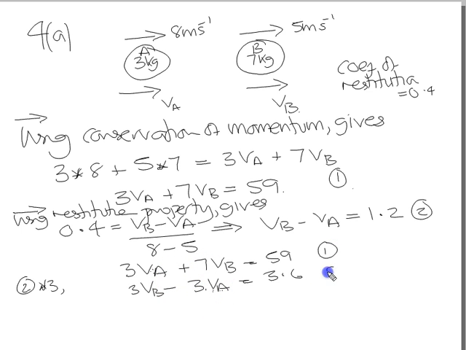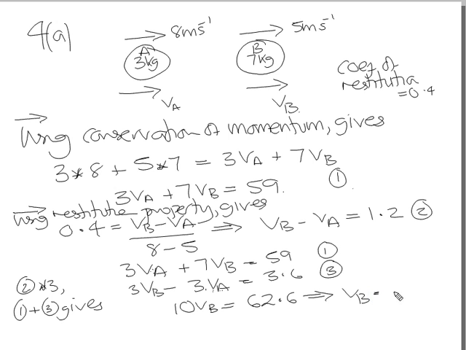This was equation 1, this we can label equation 3, and then 1 plus 3 gives 10VB equal to 59 plus 3.6, which is 62.6. So that tells us that VB is equal to 6.26 meters per second.